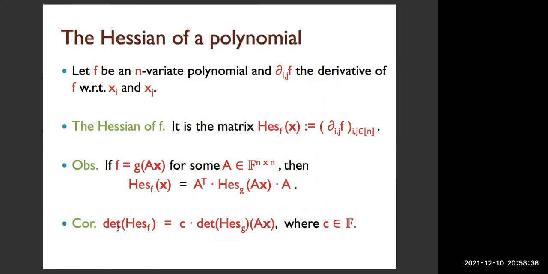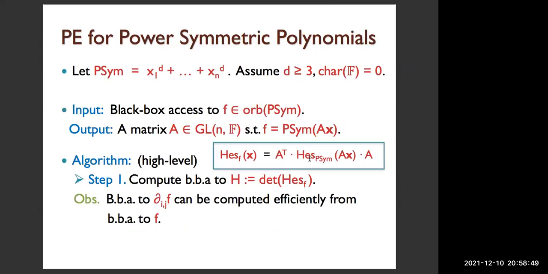The determinant of the Hessian of F is some non-zero constant times the determinant of the Hessian of G evaluated at AX. So we're going to use this relationship. Let's record it in this box: the Hessian of F and the Hessian of the power symmetric polynomial are related like this. Especially, we will need the relationship between the determinants.